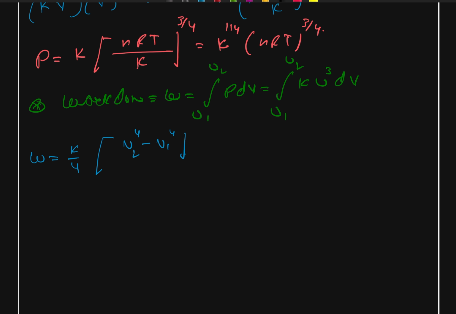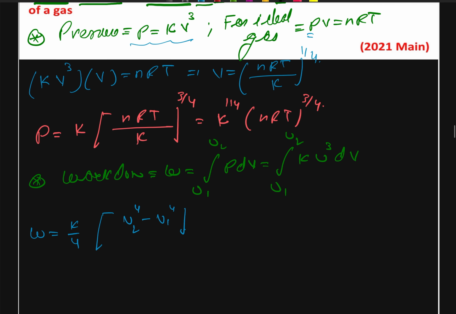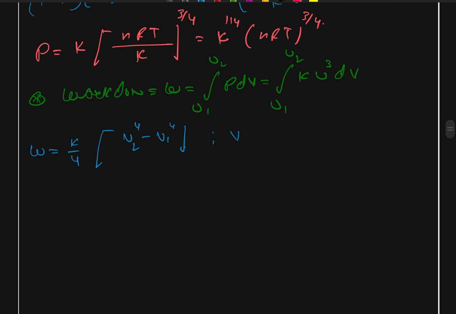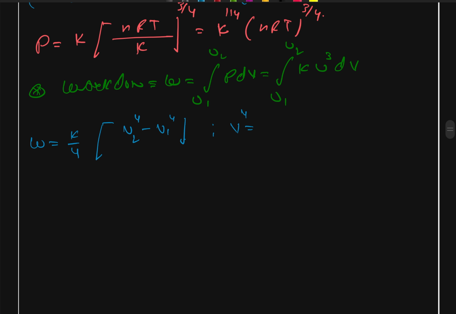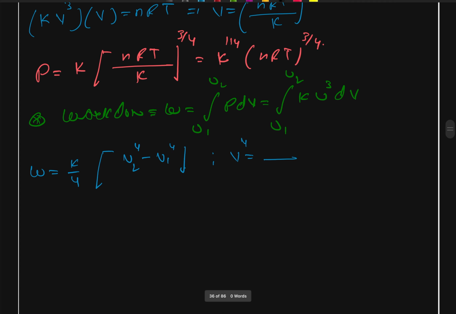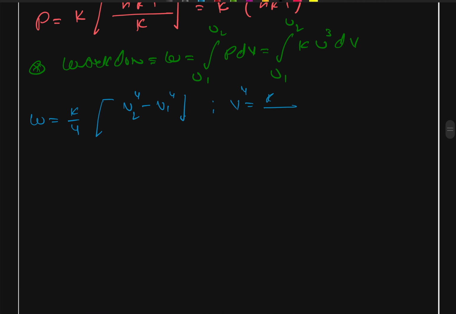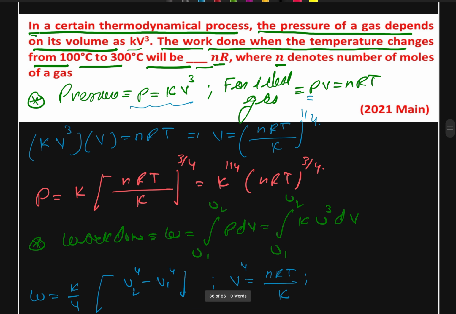And we already know that V raised to power 4 is equal to nRT upon K. So we can write this in terms of two temperatures, 100 and 300.